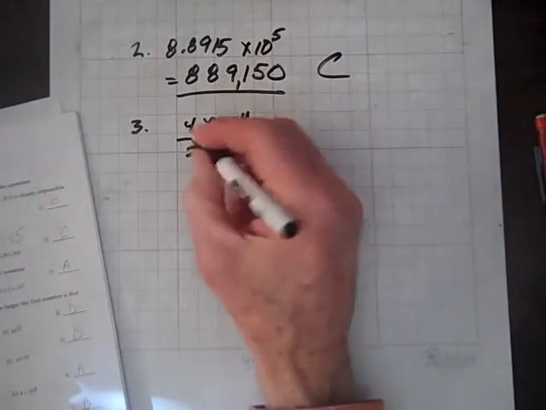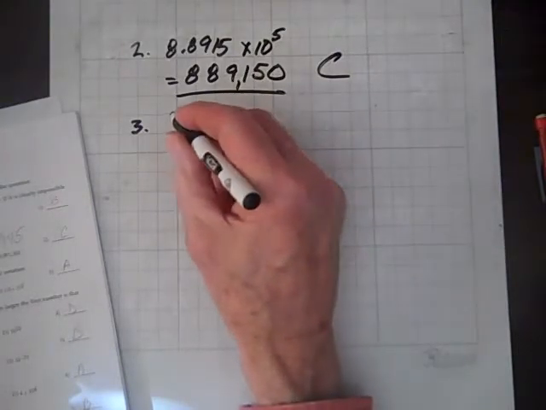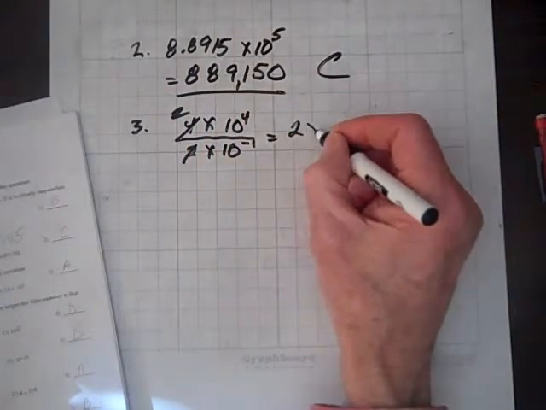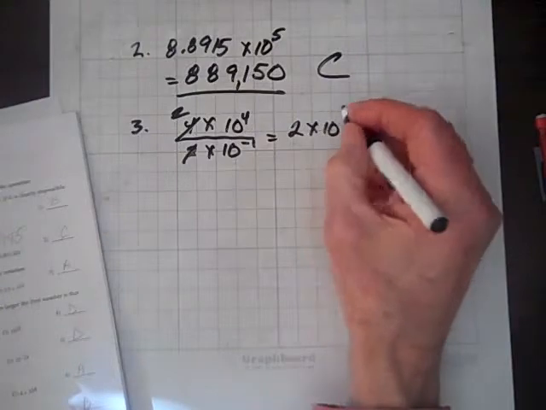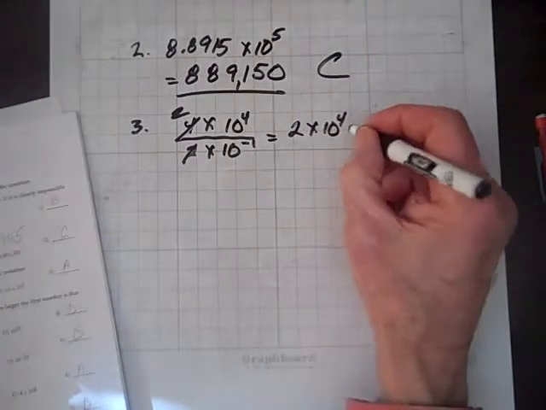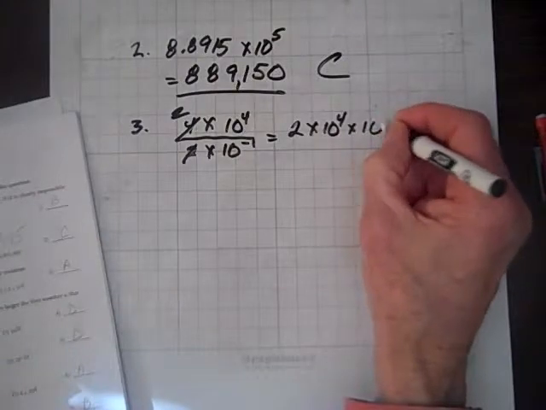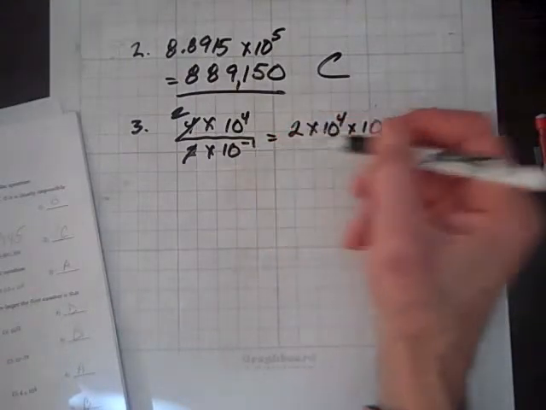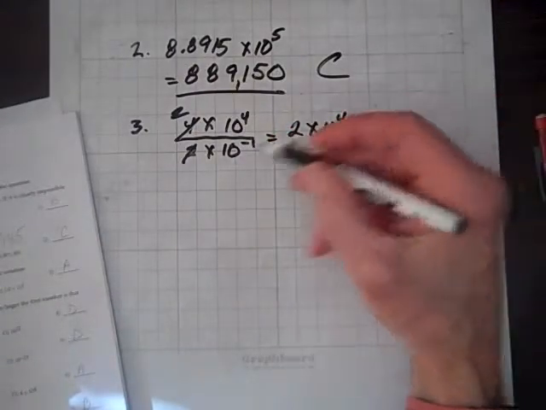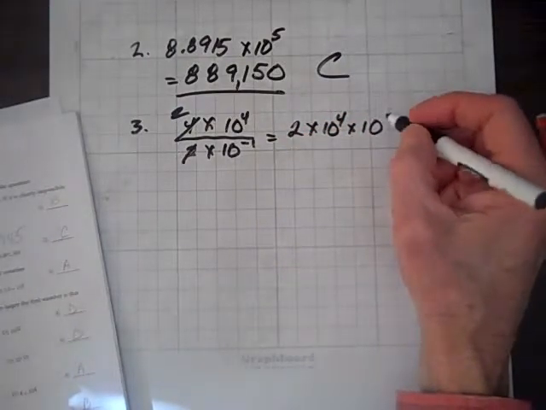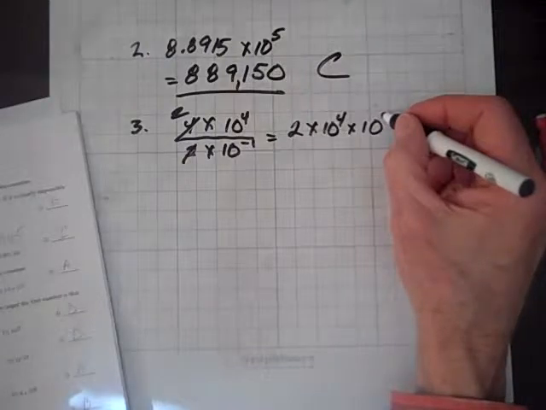And this is all multiplication, so 2 goes into 4 twice. And so now we have 2 times 10 to the 4th times 10. If I change the sign on that exponent, then I have to move that base up into the opposite position, which is the numerator.